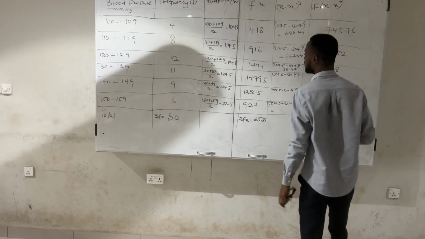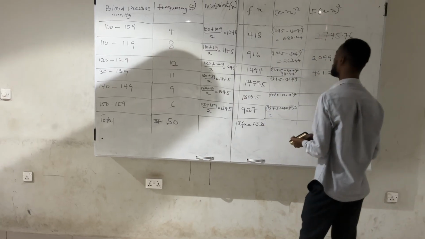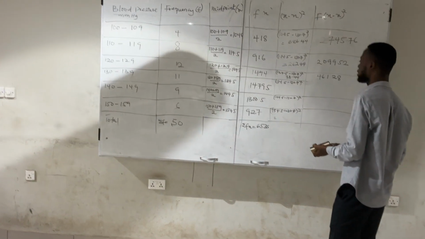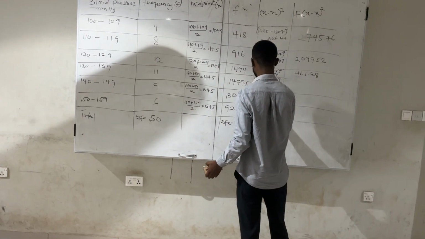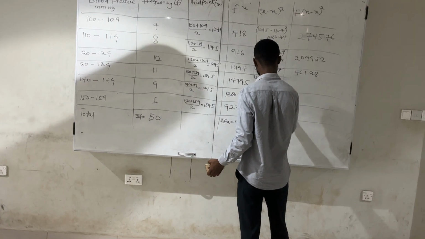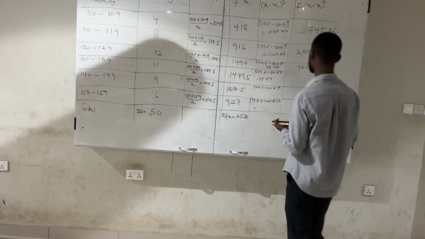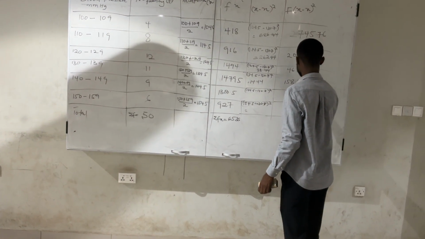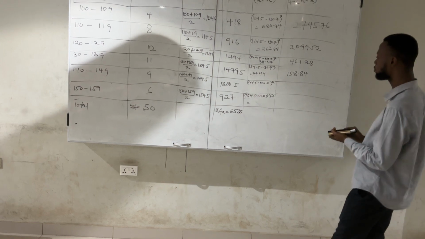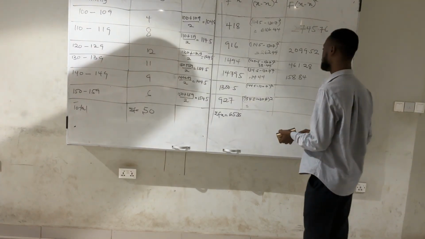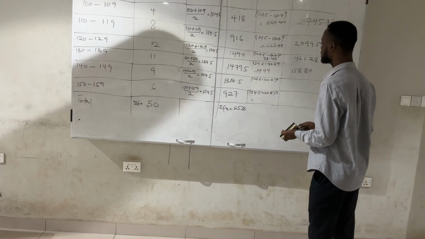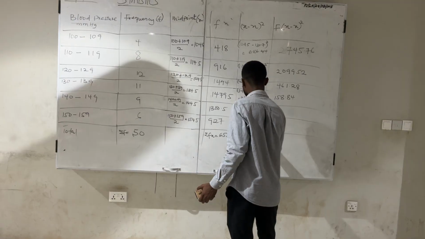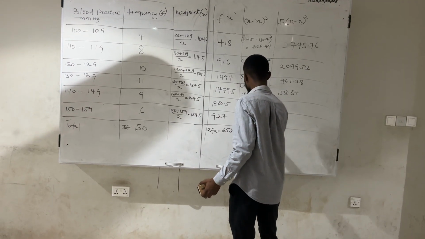Then you do 134.5 minus 130.7 all squared, which is 14.4, multiplying 11, gives 158.84. Then 144.5, taking 130.7 from it, gives 190.44.